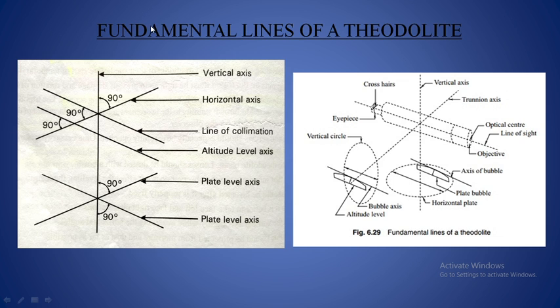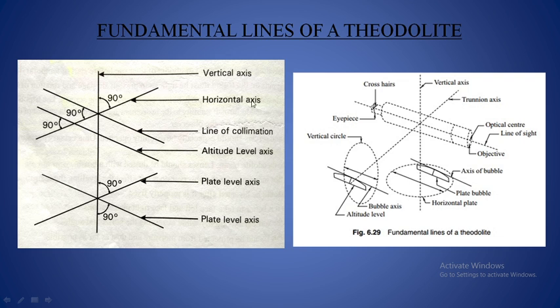So the next topic is fundamental lines of a theodolite. Here you can see there are 5 axes. The first one is vertical axis, the second one is horizontal axis, the third is line of collimation, then the altitude level axis, and the other one is plate level axis. Every axis is perpendicular to each other, and line of collimation and altitude level axis are parallel to each other.